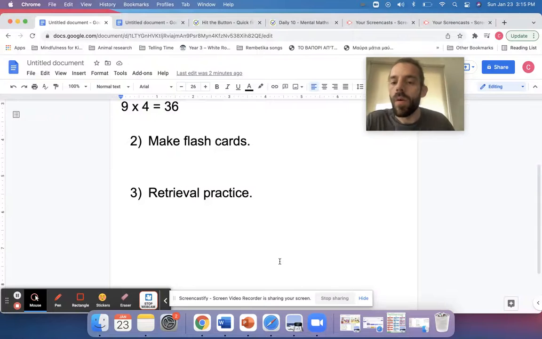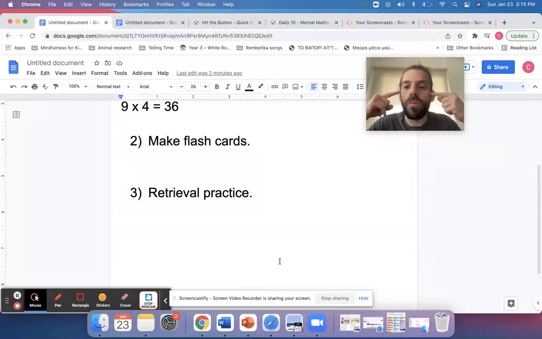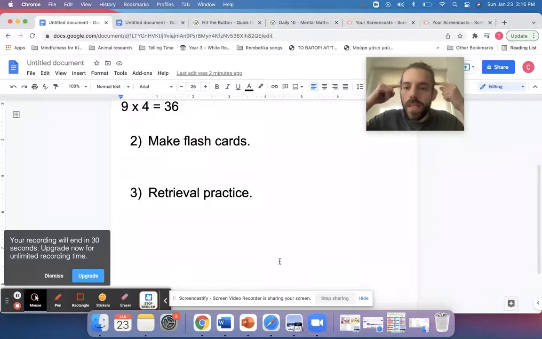Wait about 10 seconds. What's 12 times 4? 48. About a minute later, someone asks you, what's 12 times 4? 48. The more that you bring it back up into your working memory, the more likely it's going to stay in your long term memory.